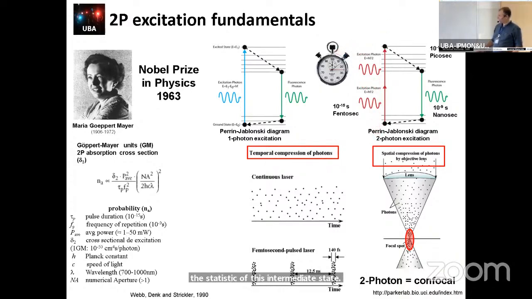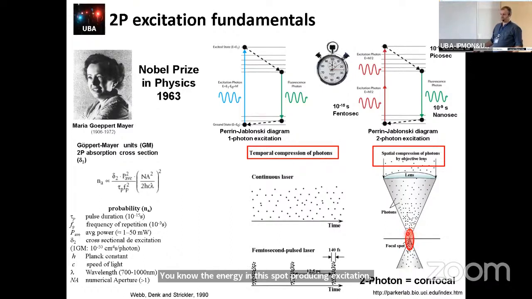And the other important thing for the two-photon excitation is that we need spatial compression. So we need this pulse to be focused on our spot, and this increases the energy a lot in this spot, producing excitation in this limited space.